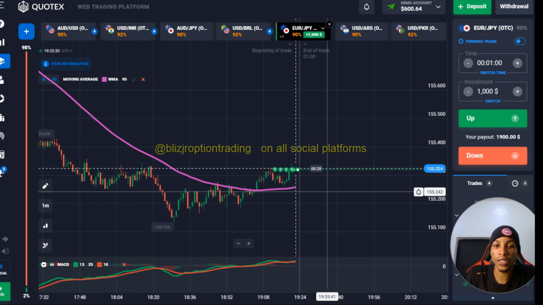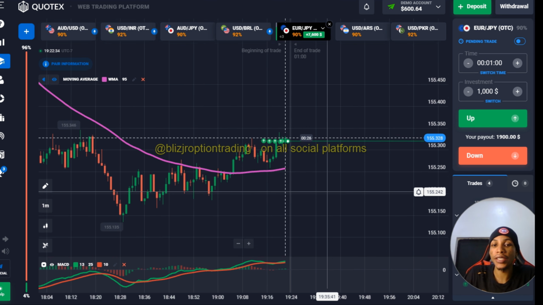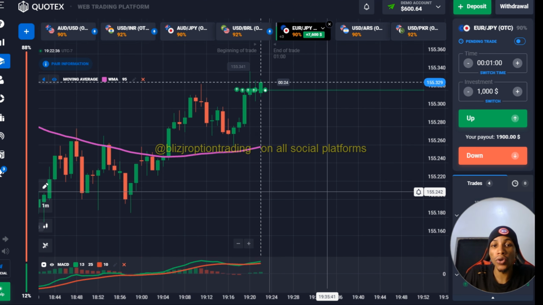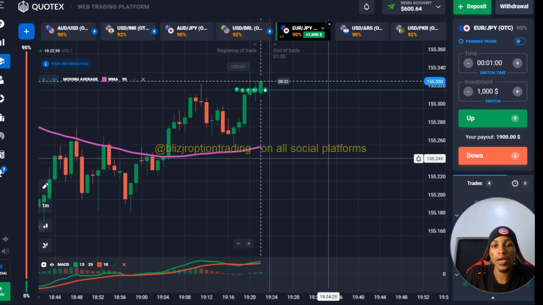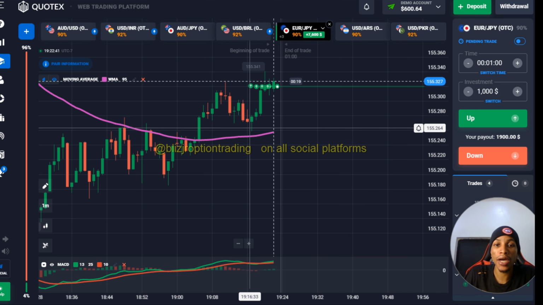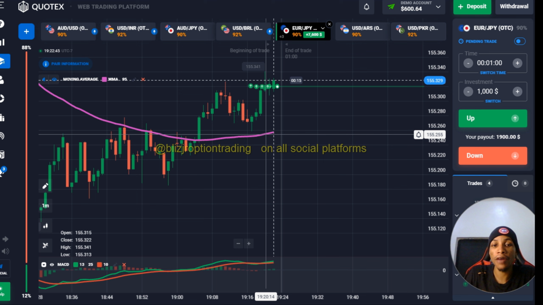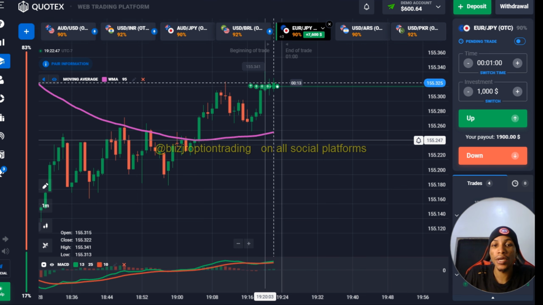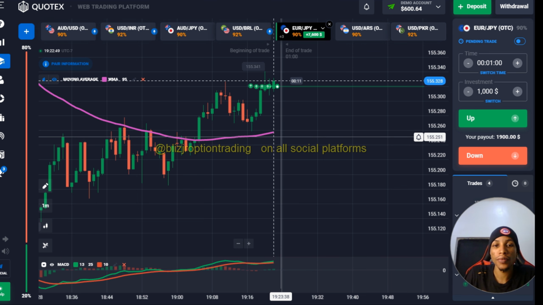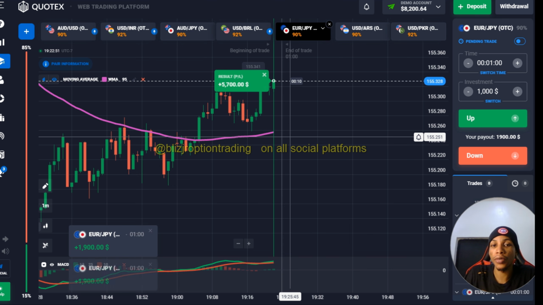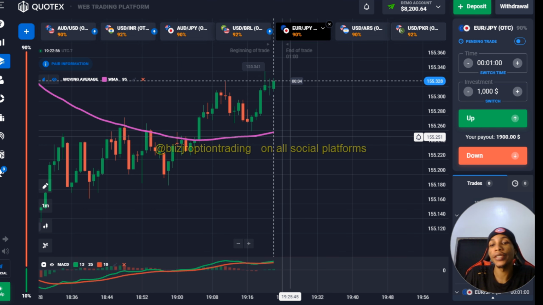So the market is still strongly locating itself up. And the green candles are above the moving average. The moving average is below the green candles, and that's a possible chance of uptrend.